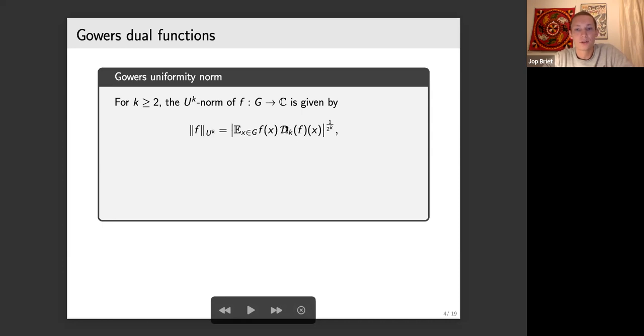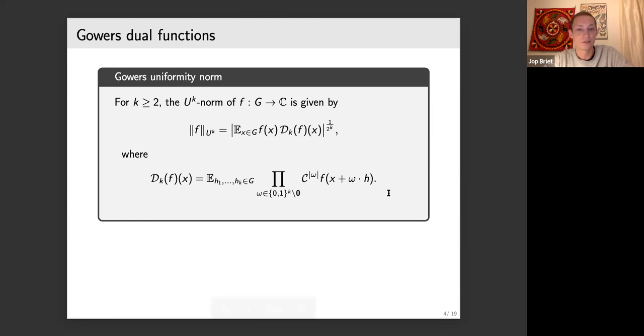This version is given as follows, a kind of complicated expression. I'm not going to read it out literally, but roughly speaking, it's the average of the product of the function with itself evaluated on the points of a k-dimensional parallelepiped with the origin removed, if you will. And these C's just denote complex conjugates that you have to take here and there.